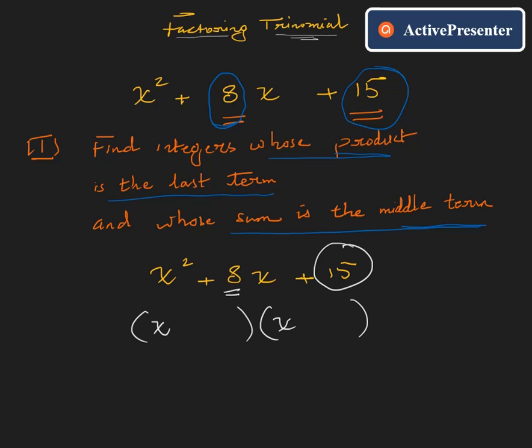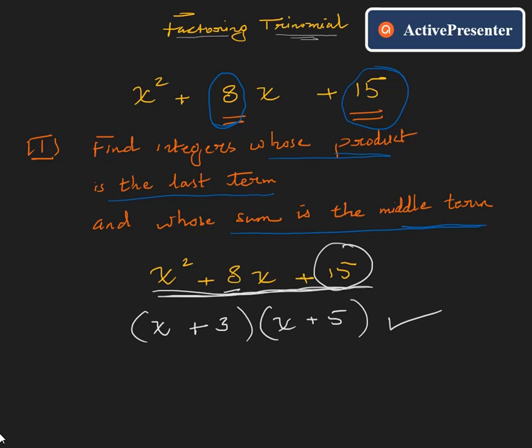I guarantee you all know: plus 3 and plus 5. 5 multiplied by 3 is 15, and if you add them together, you will get 8. Now you have factored the trinomial. You are done in this case.